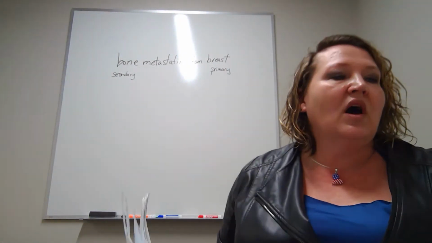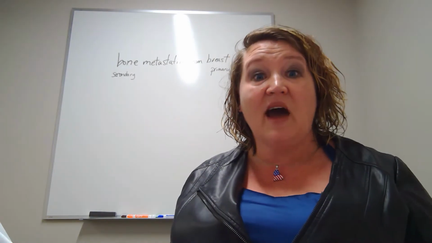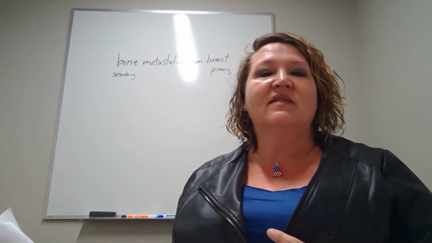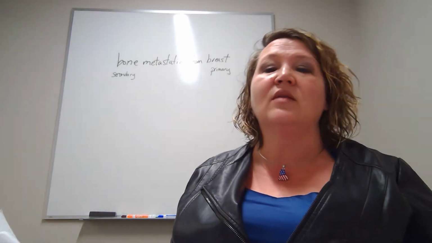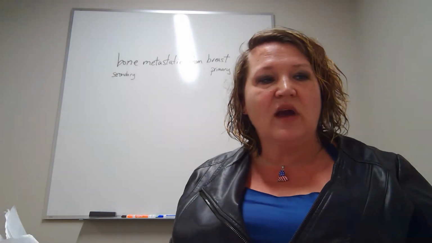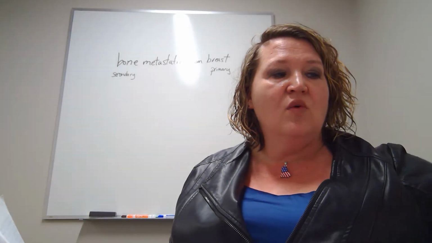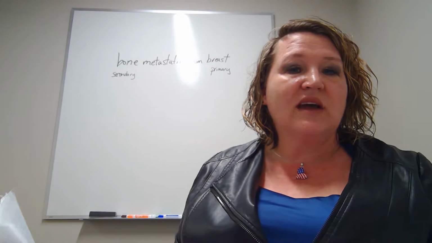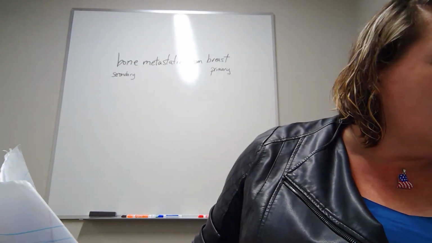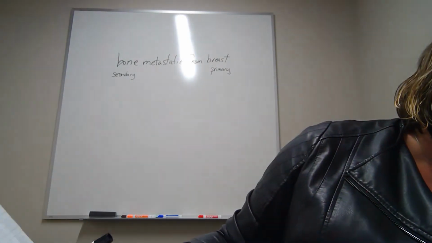When you're coding in the neoplasm table, you will code from anatomic site. It could be skin, it could be breast, it could be where it's located on the body. In this instance, we are going to look at the breast.